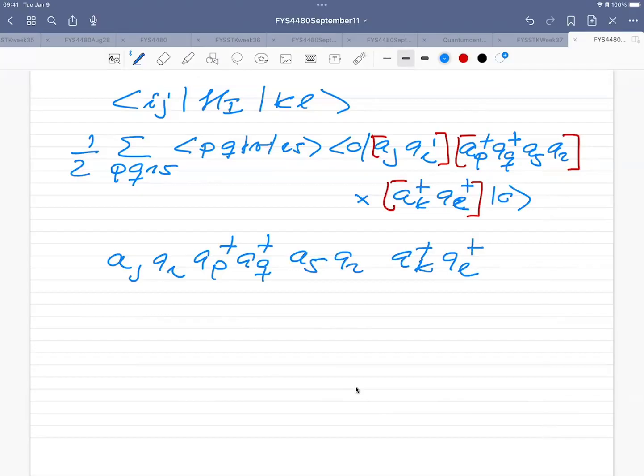So as we said last time, it's pretty common to skip the zeros, the vacuum states, and simply just look at the contractions. And we have already done this. So one set of contractions is this one and that one. So this is non-zero. And then another one is this one and that one. And then we will have a contraction like this. No, sorry, not that one.